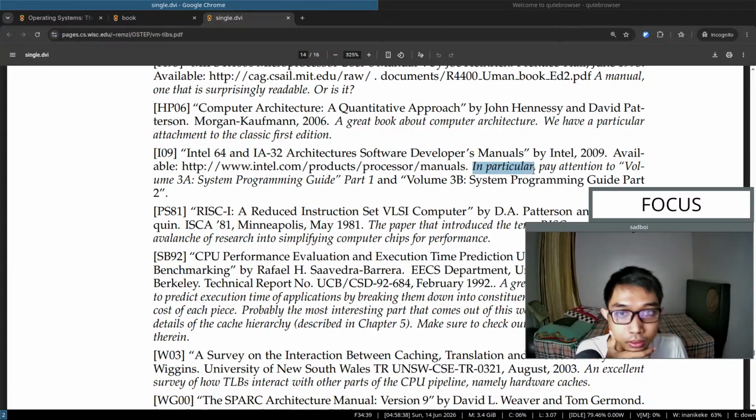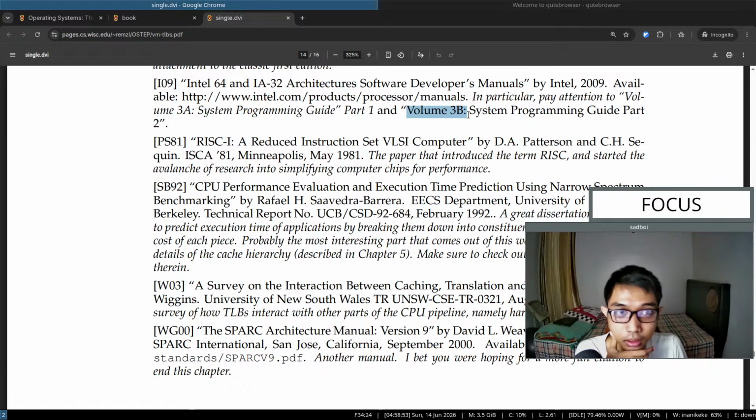In particular, pay attention to Volume 3A, System Programming Guide Part 1, and Volume 3B, System Programming Guide Part 2.